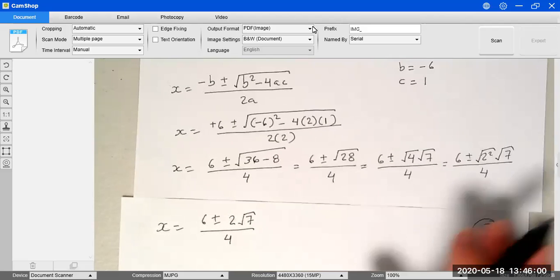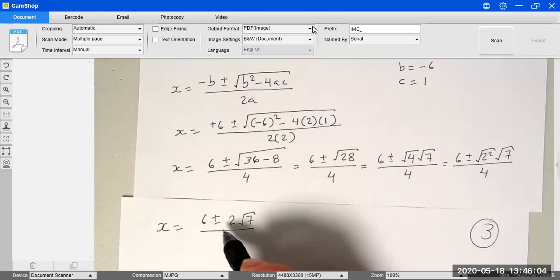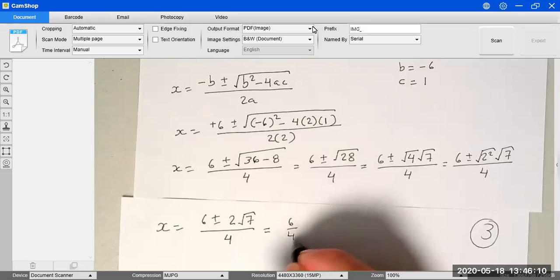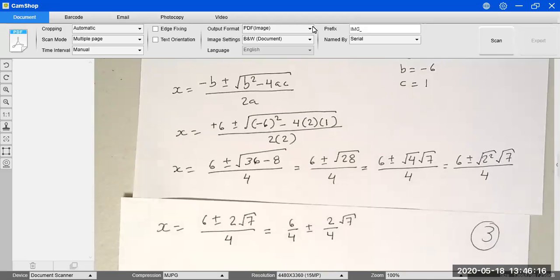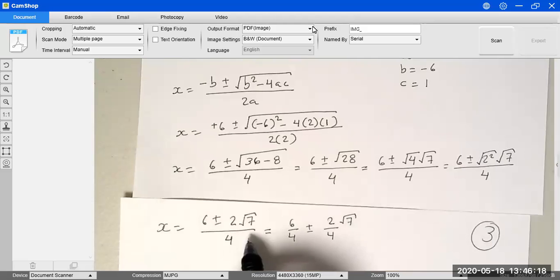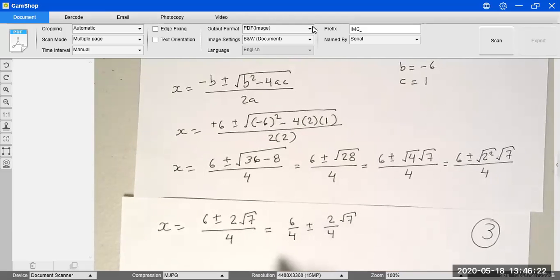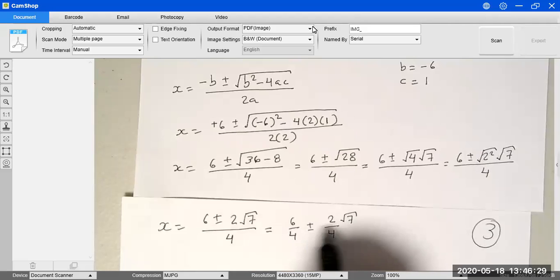So to simplify this, we're going to break now this into fractions. So one is 6 over 4 plus minus 2 over 4 times the square root of 7. So sometimes it is good to break the fraction into fractions. In that way, our math is going to be easier. So I have to simplify now these fractions that are here.